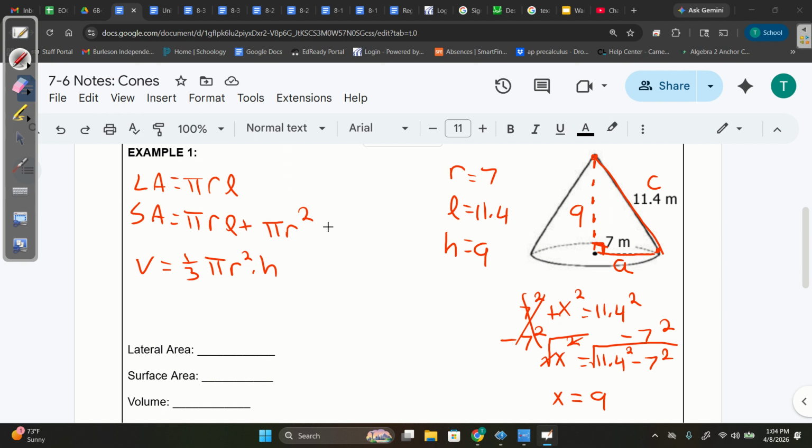Now I have everything I need to plug in to the formulas. The lateral area is pi times the radius of 7 times the slant height of 11.4, which gets me 250.7 meters squared.